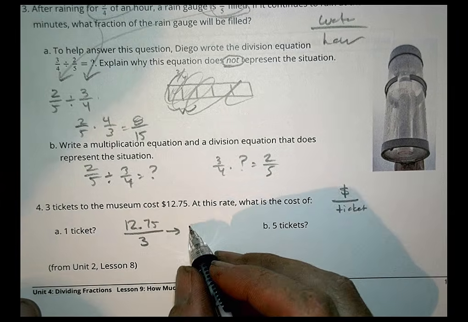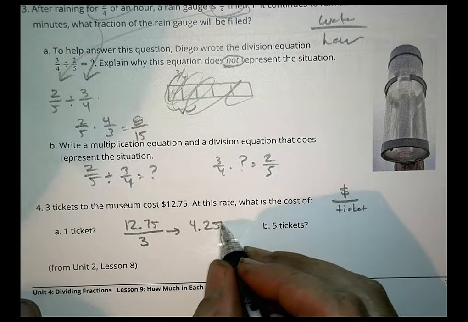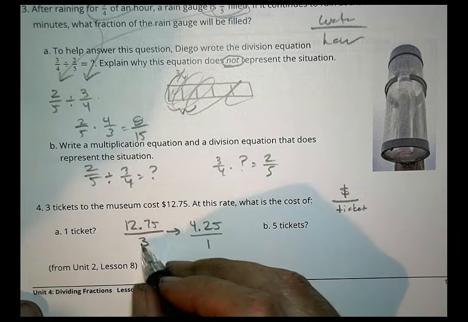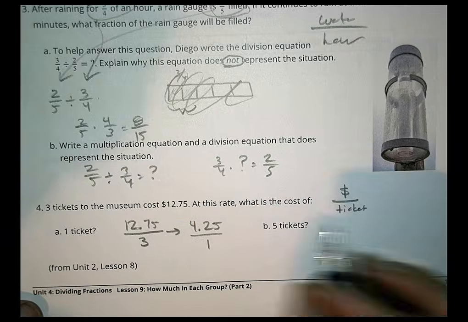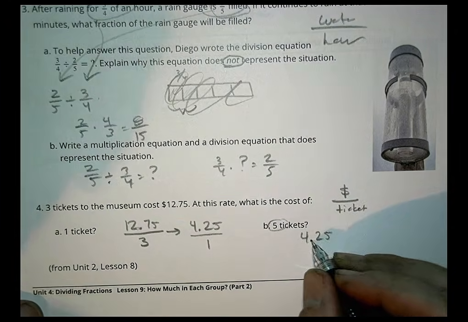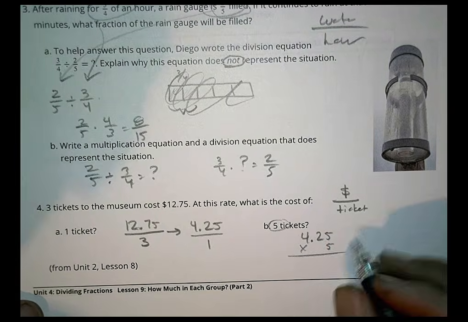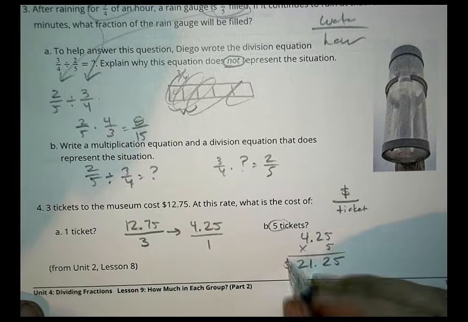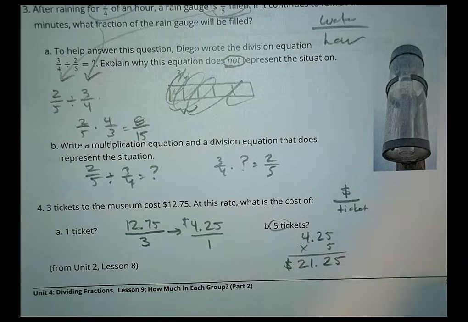That's going to equal $4.25 for 1 ticket. You just do the math there. 3 goes into that, 4.25. For 5 tickets, I take the $4.25 and multiply it by 5 to come up with $21.25, which is what it would cost for 5 tickets.